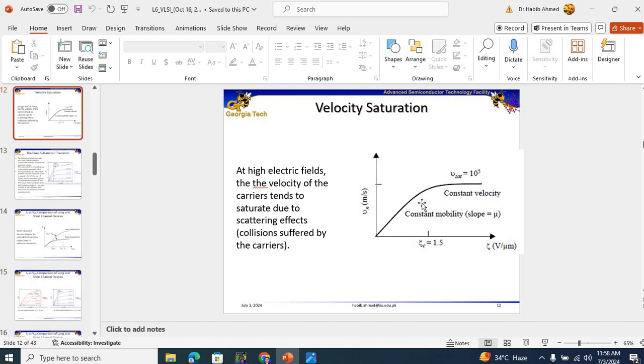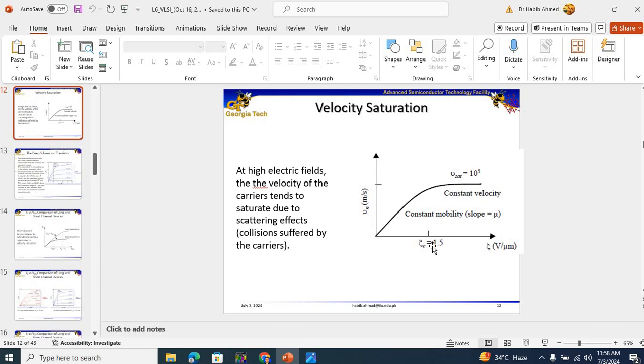So, here is a velocity versus electric field curve for carriers, and in this curve we assume that our critical electric field is 1.5 volt per micrometer. What is electric field?